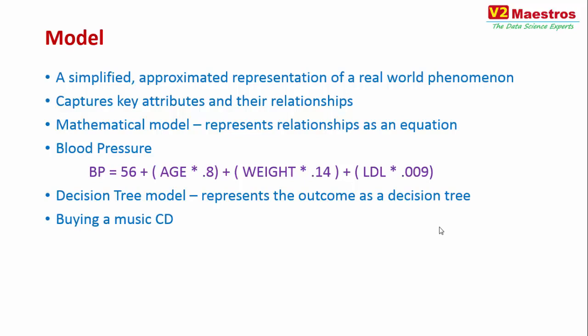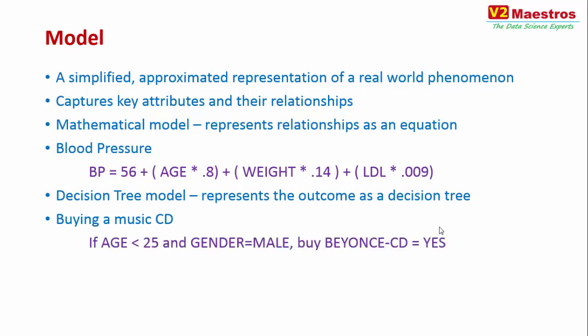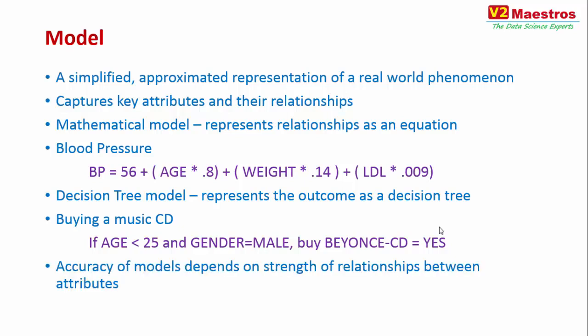Like you want to predict something like buying a music CD, and for that you can come up with a decision model like this: if age of the customer is less than 25 and gender of the customer is male, buy Beyonce CD equal to yes. So you use two attributes, gender and age, and based on them you're trying to predict the outcome, which is will the customer buy a Beyonce CD or not. So this is another type of model.